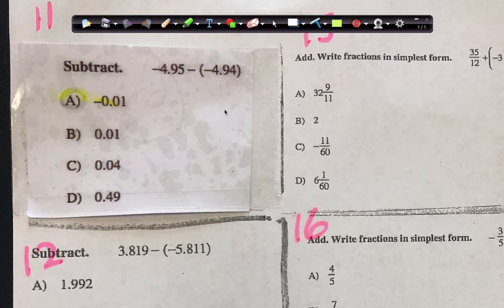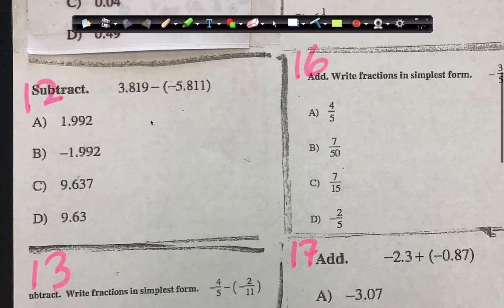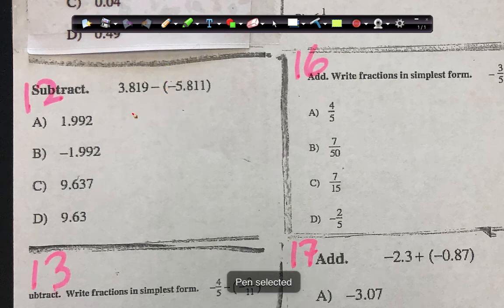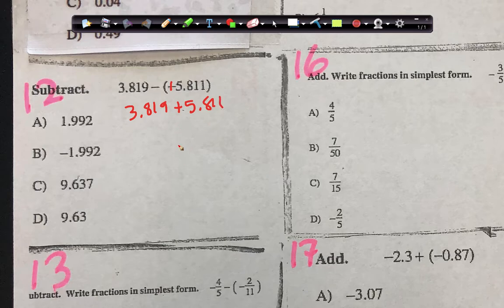Okay, moving down to problem number 12. This is 3.819 plus the opposite of this, which is 5.811. So this is just adding them up. So we line the decimal points up.